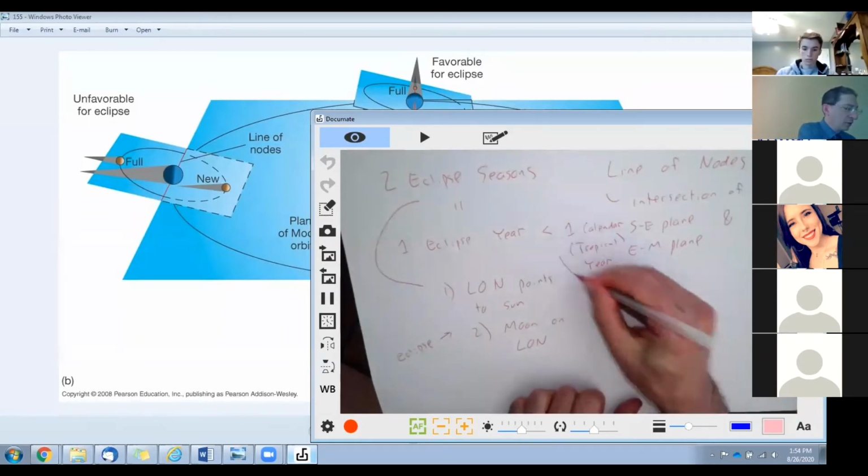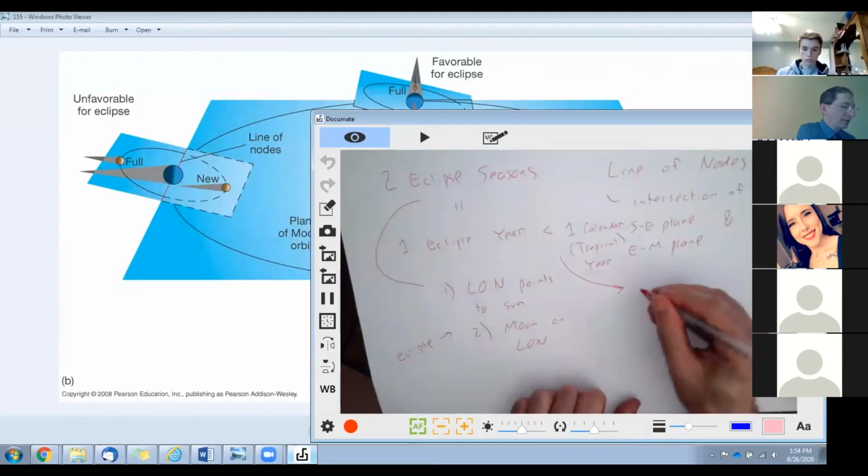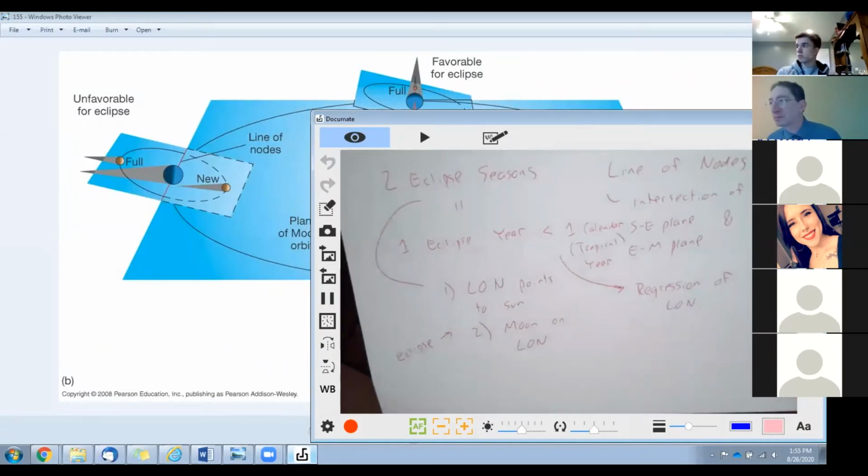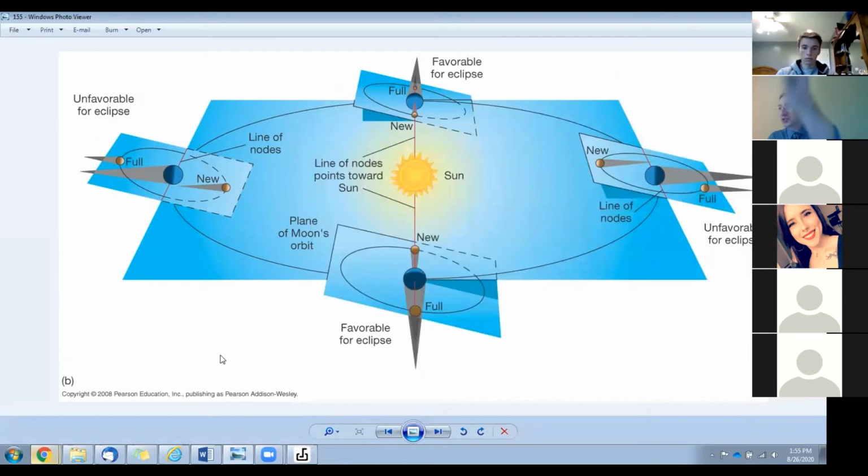And the reason for this, what we call this anyway, is the regression of the line of nodes. Regression means backwards motion. So the line of nodes isn't fixed in space. In this diagram that we've been looking at, it's fixed in space, always pointed in the same direction. We're moving it around, but it's not changing its angle.